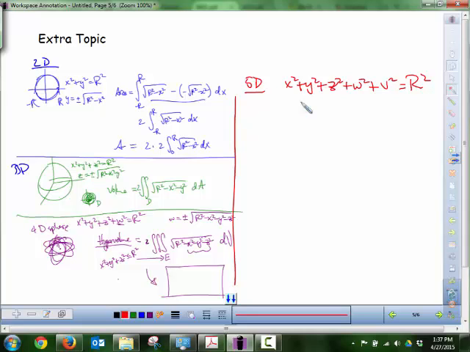It's a sphere that's being described in 5 dimensions. And then you have v over there. If you solve for v, then you get the top half and the bottom half of this 5-dimensional sphere, and what you would have left is a mirror image or some sort of image of 4-dimensional spheres.